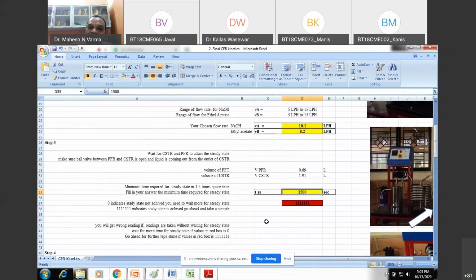This is the waiting time actually. So how do you get the space time? Divide by 1.5. 1500 divided by 1.5. If say this is 5000, then if the waiting time is 5000, what is the space time? Sir, it will be 3333.